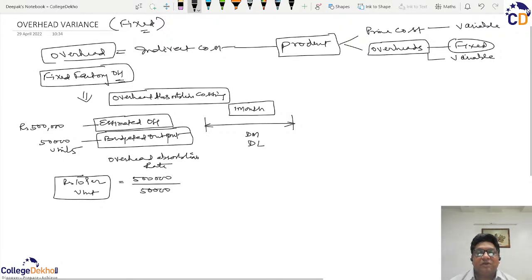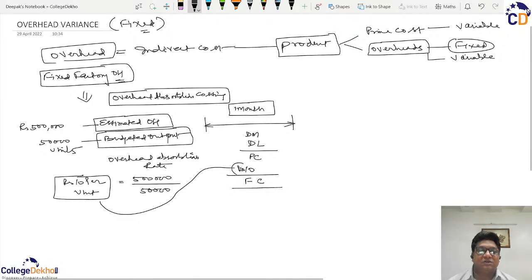We can easily estimate the direct labor cost based on piece rate or time rate system, and we assume that there are no direct expenses. It will denote the prime cost, and on this actual prime cost we add this overhead cost of rupees 10, which has been estimated on a predetermined absorption rate. That is why we say that each unit of the product will absorb rupees 10 as a share of its overheads, which are common for all, and that will denote the factory cost of the product.